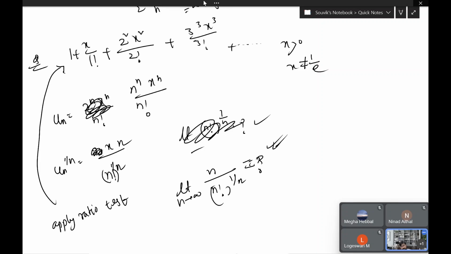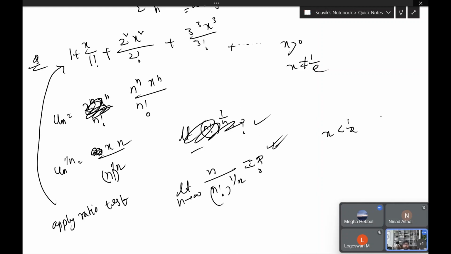So if x is less than 1 by e, we get it to be convergent.